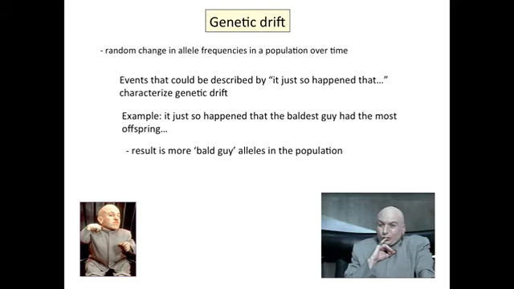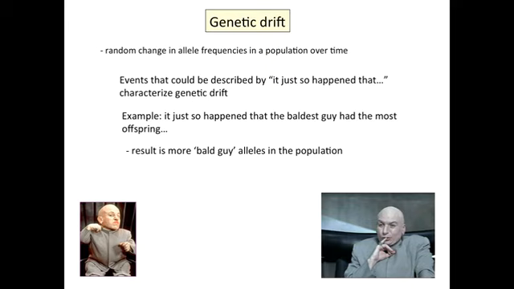I seriously doubt it. Is it that the sun is shining on some bald guy's head and reflecting light better than somebody with a good head of hair and keeping that individual cool, and somehow that causes more offspring? Really? No, it's not. So it's just a random feature. It just so happened that there were more of that particular kind of allele in the population because an individual had more offspring than his or her neighbor.